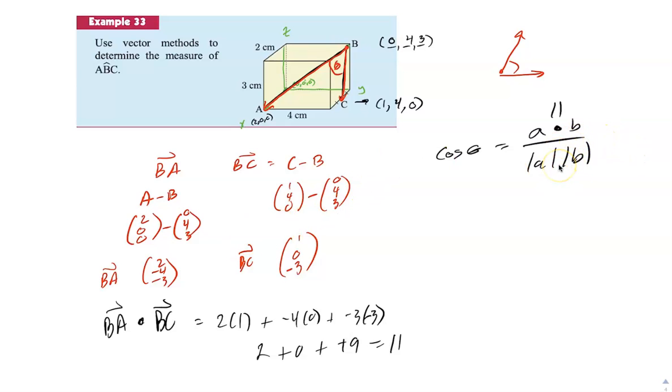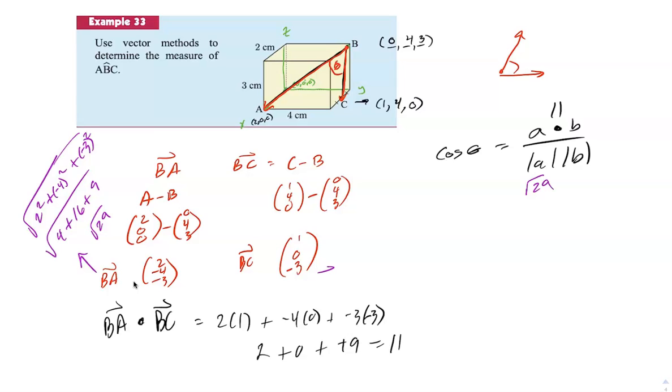Now let's find the magnitude. When I do this, it doesn't matter which one's A and which one's B. Let's just say this is A. So magnitude is the Pythagorean theorem. So the first term squared plus the second term squared plus the third term squared. I get 4 plus 16 plus 9, so I get radical 29.